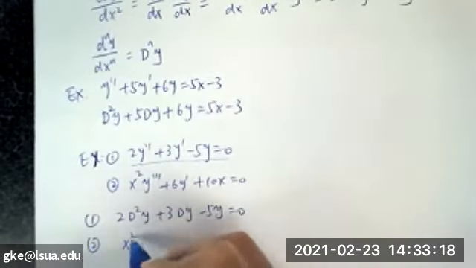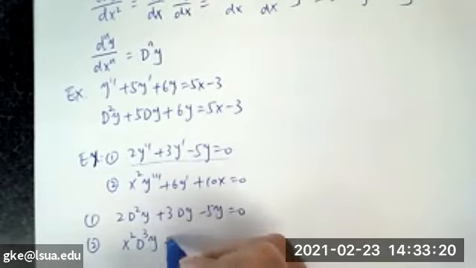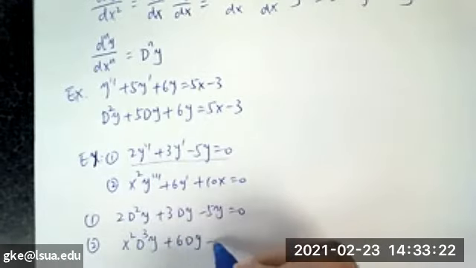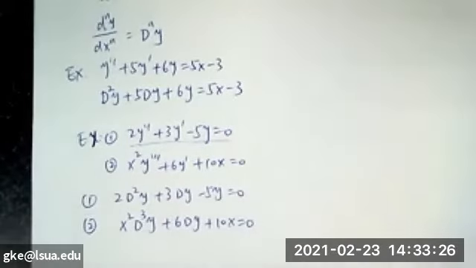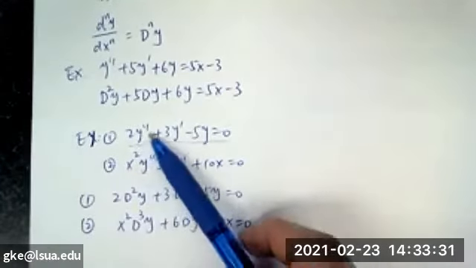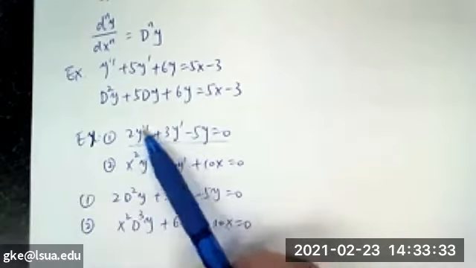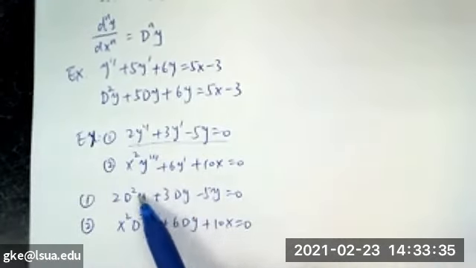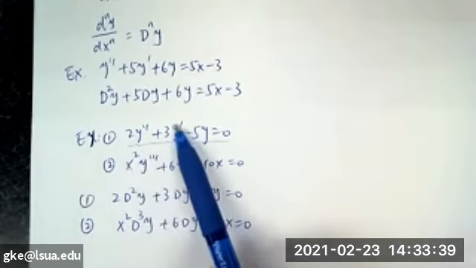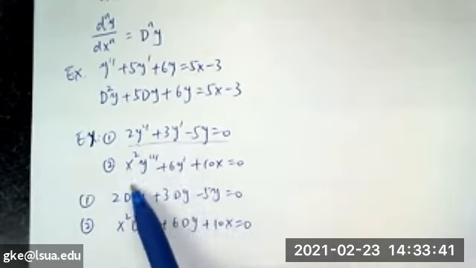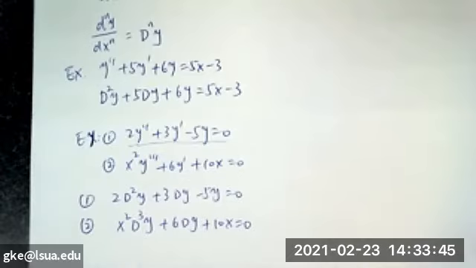For the second one will be D cubed y plus 6Dy plus 10x equals 0. That's it. Okay, just replace the derivative by the D. So here's a second derivative, D squared. First derivative, just D. And if we have third derivative, that means D cubed. Okay, that's it.